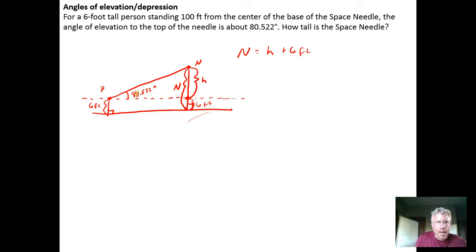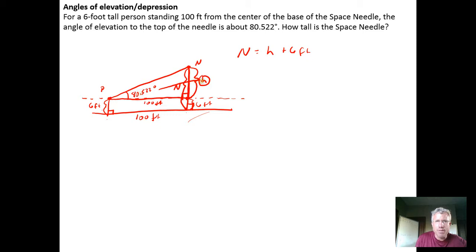And then for my viewing angle, my angle of elevation, I want to note that h is the side opposite the angle in this right triangle. And I'm told that the distance between the person and the center of the base of the Space Needle is 100 feet, which also means from here to the Space Needle is also 100 feet.